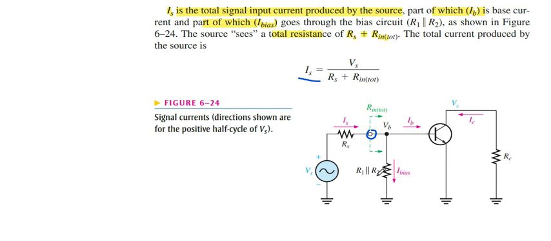There R1 and R2 are in parallel, so it divides into two parts, I_bias and IB.